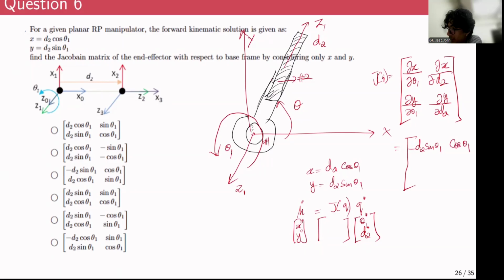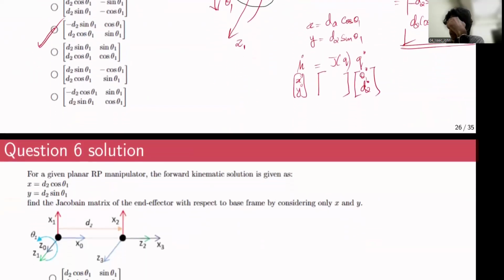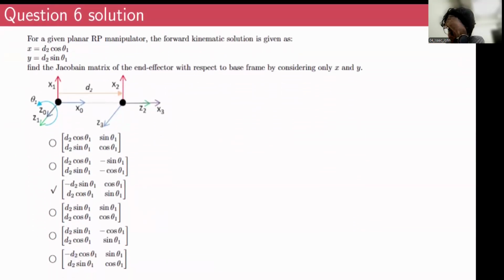And the second row would be d2 cos θ1, and the next column would be sin θ1. This would be your Jacobian matrix. All right, so what would be the correct answer? I think it is option C. Okay, I hope there is no conflict in that.